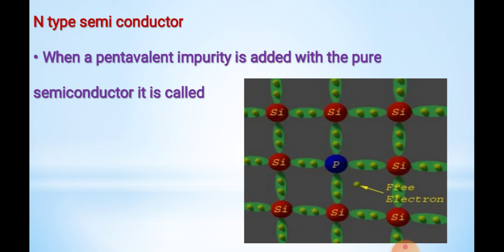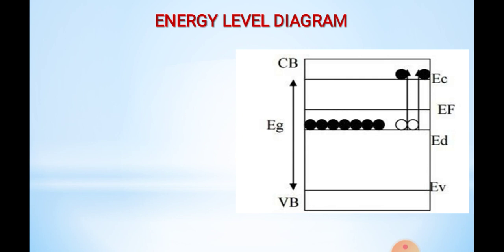So when a pentavalent impurity, because phosphorus is pentavalent, is added to the pure semiconductor, it is called an N-type semiconductor. Now we can see the energy level diagram for this N-type semiconductor, shown in this diagram. We have two bands. One is the conduction band, denoted as CB. The other is the valence band, denoted as VB. In between the conduction band and valence band we have EF, that is below EC we have EF, and below EF we have ED.